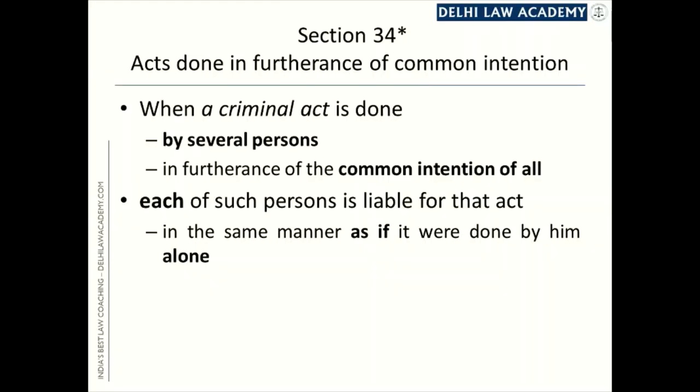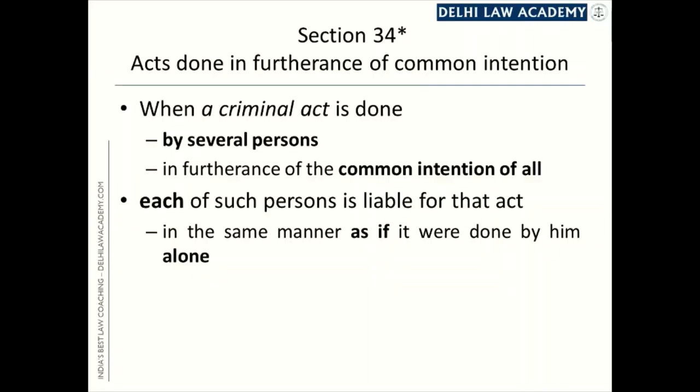Under the normal rules of criminal jurisprudence, each person is held responsible for whatever is done by him. No one can be held responsible for an act done by others. In our illustration, death is caused by an act done by person C. It was person C who had hit this person on the head.